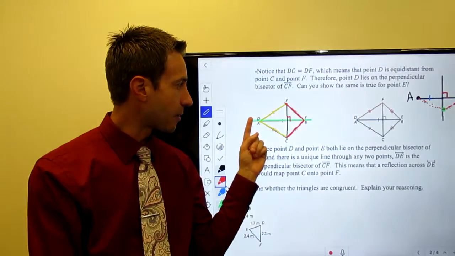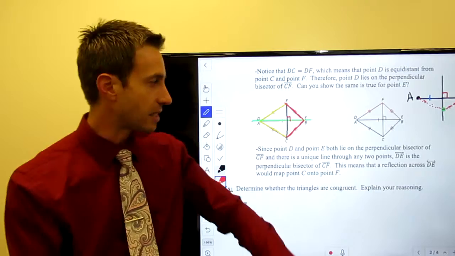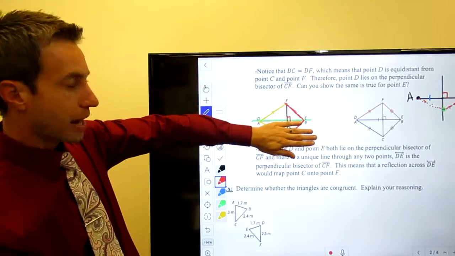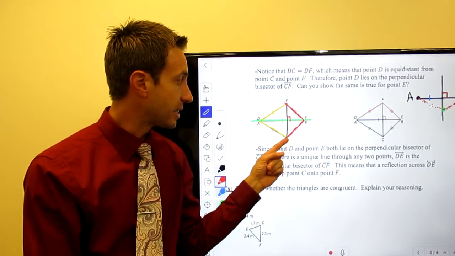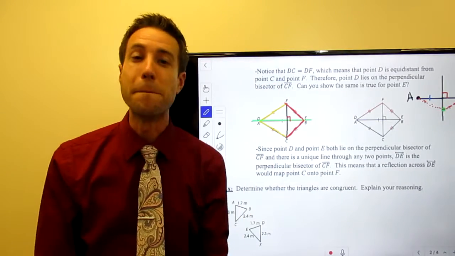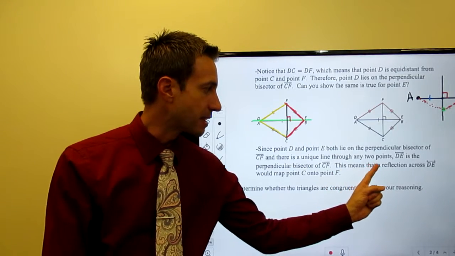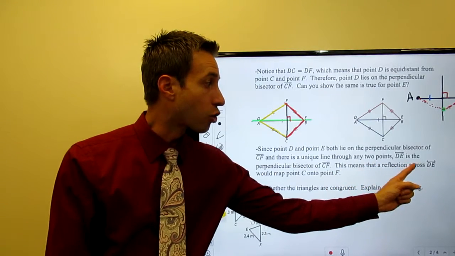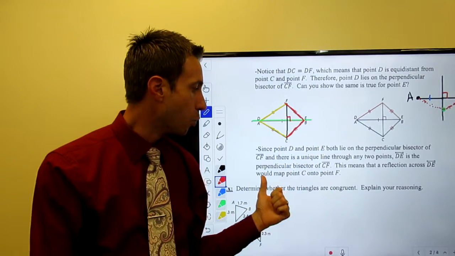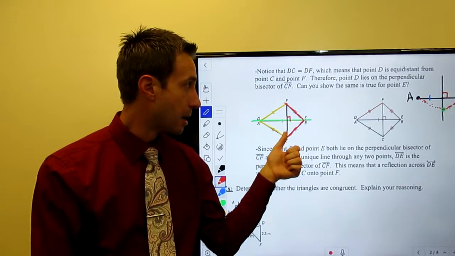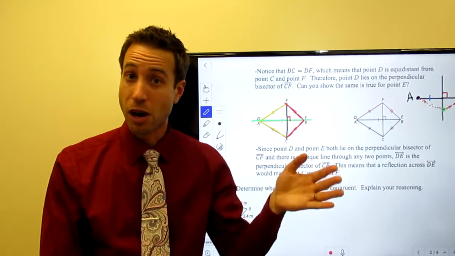Now, here's the conclusion. Knowing then that this guy right here, DE, is the perpendicular bisector, what that means is if I were to take this triangle on the bottom and flip it up, C and F are mirror images of each other. This means that the reflection across the line DE would map point C to point F. They're mirror images of each other.